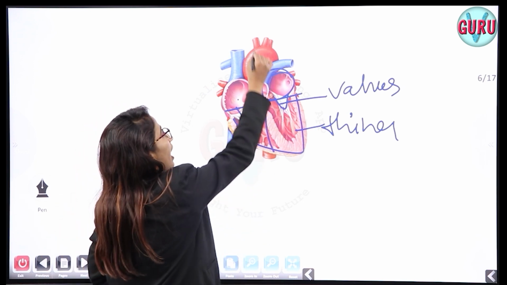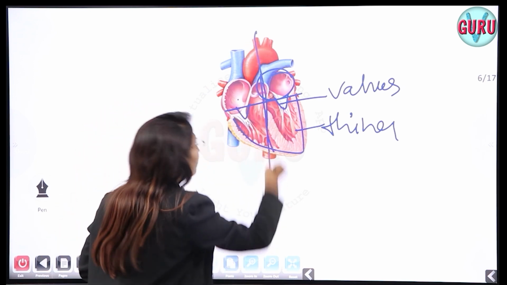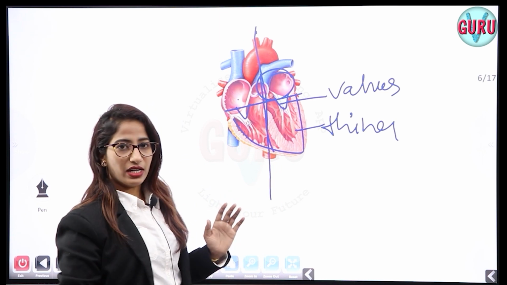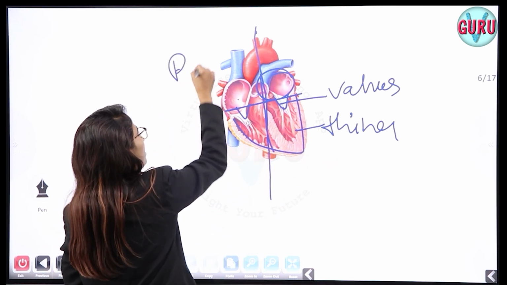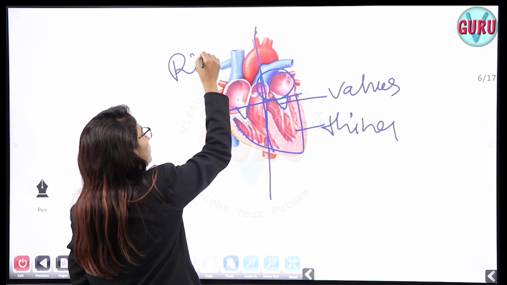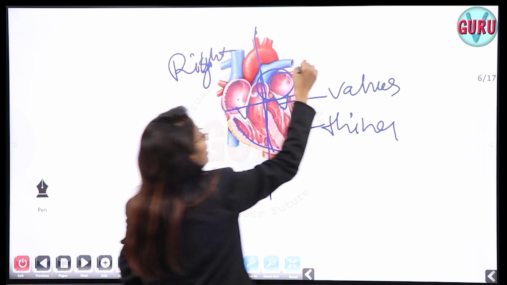Next, as we are discussing, the heart is again divided into 2 sections, that is the right side and left side.